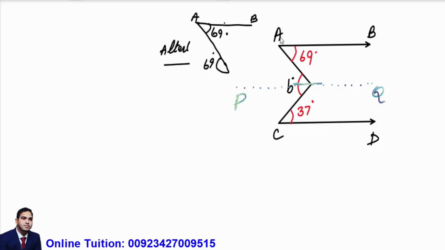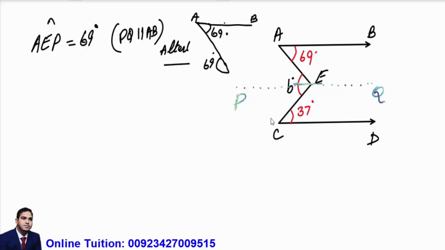So this is A and this is point E, angle AEP is also equal to 69 degrees, because these are alternate angles, and PQ and AB are parallel. Okay, this is one point.